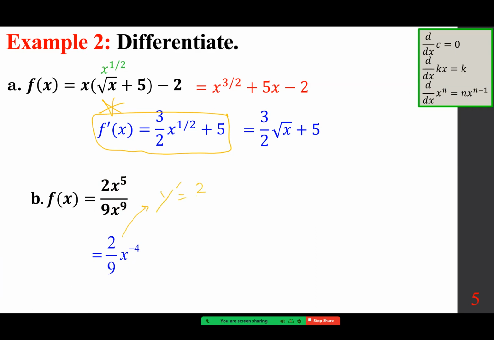Y prime is 2 over 9, going to multiply it by -4, and then x to the power of -4 minus 1, or x to the power of -5. And this is -8 over 9, x to the power of -5. -5 goes down, and it becomes x to the power of 5.